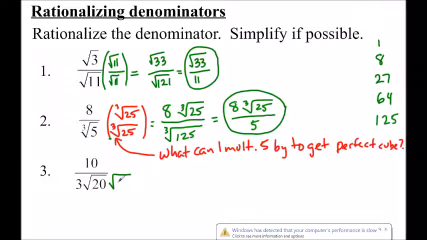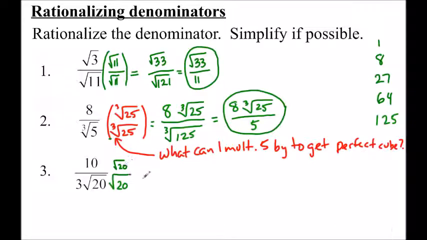So I'm going to multiply this by square root of 20 over square root of 20. And in the numerator we'll get 10 square root 20. Denominator we're going to get 3 times the square root of 400. But we know 400 is a perfect square. It's 20 squared.